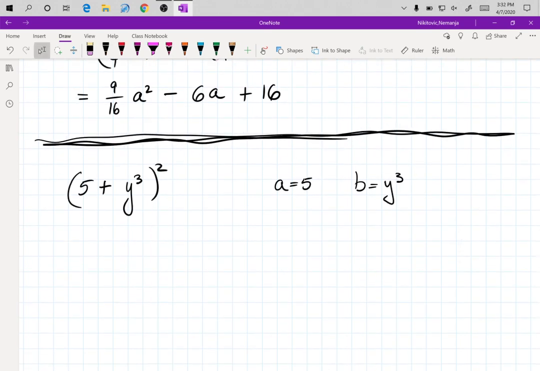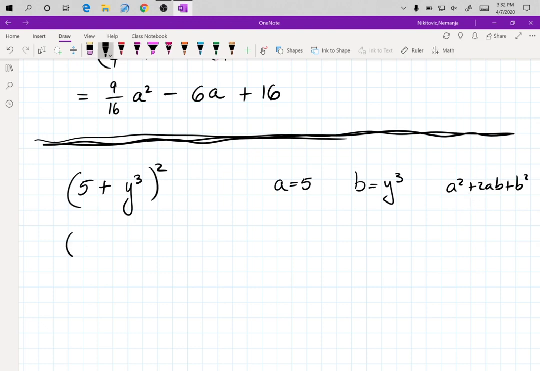So just plug them in. The formula again is a squared plus 2ab plus b squared. Now why is the plus here? Because it's a plus in the formula. So when this is plus, that's plus in front of 2ab. If it's a minus, it's a minus.